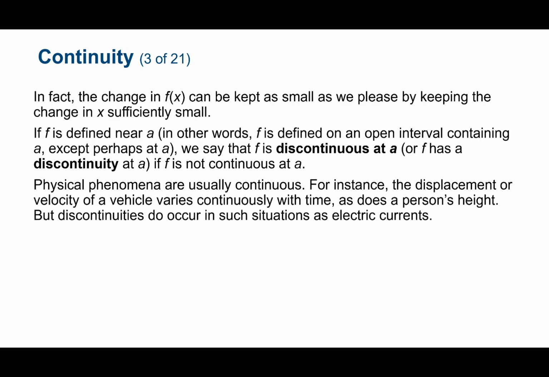And now it's back on. So it's not smooth in that case. We've got jumps, one of the things we are avoiding when we're talking about continuity. A jump would be a discontinuity. So let's look at a couple graphs.